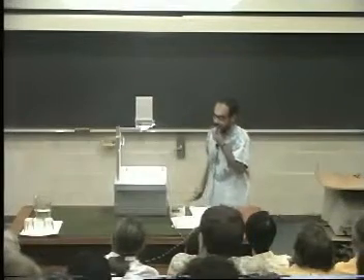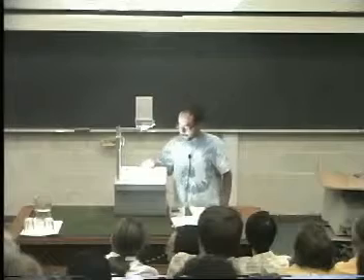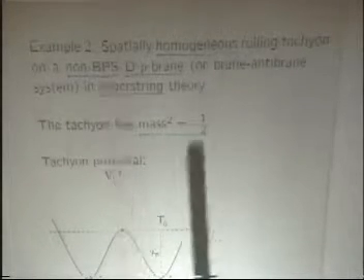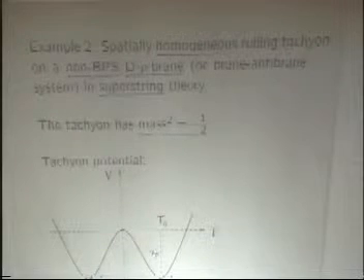Second example that I will consider is that of spatially homogeneous rolling tachyon, but not on a bosonic D-brane, but on a non-BPS Dp-brane in superstring theory. This result also holds for the brane anti-brane system in superstring theory. In this case, the tachyon has mass square equal to minus half, again in the alpha prime equal to 1 unit.